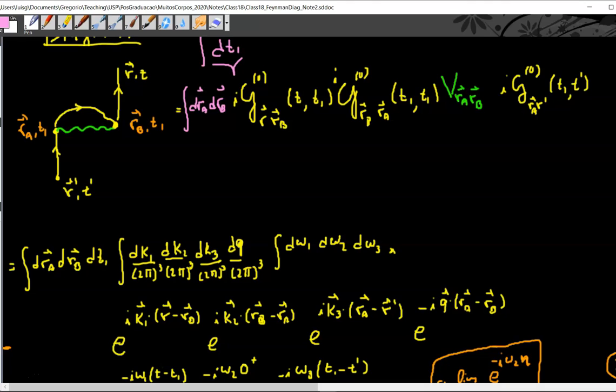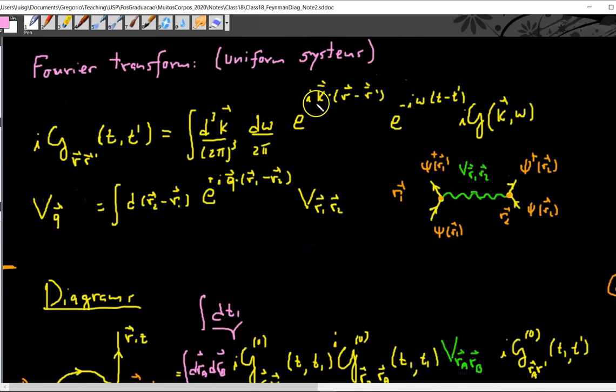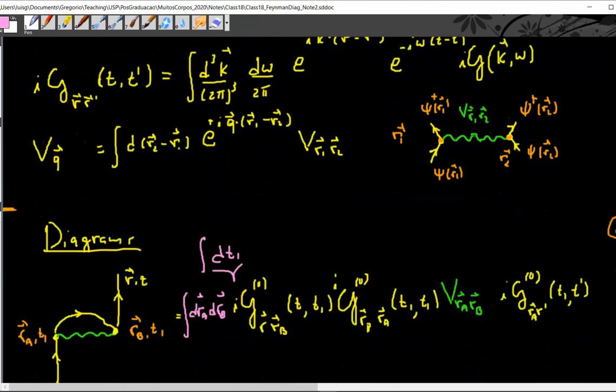Okay, now let's collect the exponentials. For each of these, I have e to the plus i k (r minus r'), minus i omega (t minus t'), okay? And for this one, I have e to the i q, or minus i q, right? Because I want the inverse Fourier transform for this one, r1 minus r2.